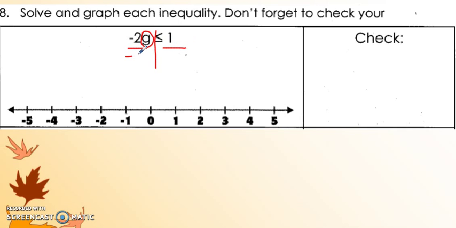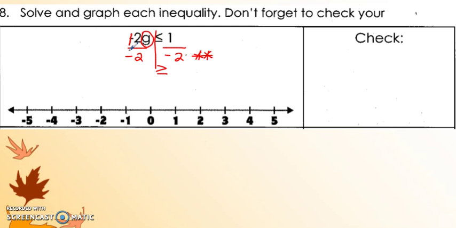We are going to divide each side by negative 2. Here's the step that we need to look at. If both of these numbers are negative and we are dividing, we have to take this inequality symbol and flip it. It goes from less than or equal to being greater than or equal to.